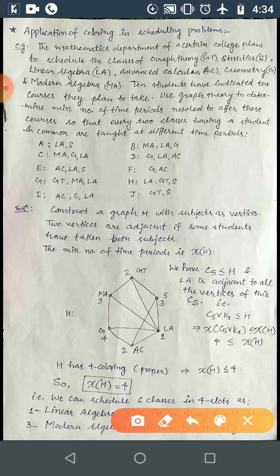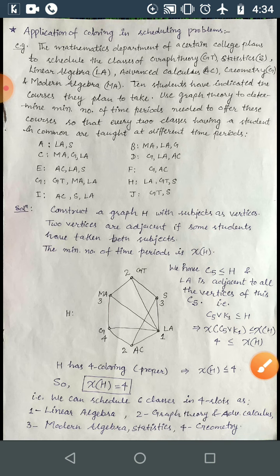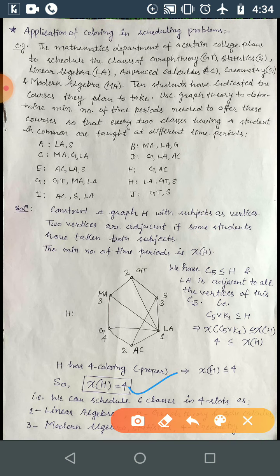So that will be given by the chromatic number of this graph, and the chromatic number of this graph will come out as 4. How? Here we have C5 as part of this graph, so obviously this is not a bipartite graph, so at least it will have chromatic number 3.